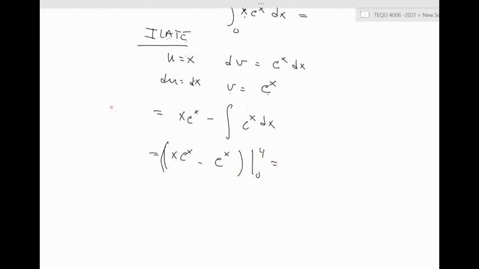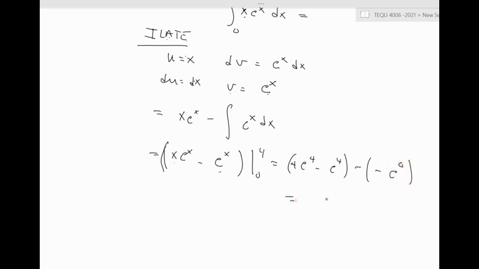The analytical result will be, for example, 4e^4 minus e^4 minus, when x is 0, this part cannot die because of this x, but you still have this one. So that would be minus e^0.